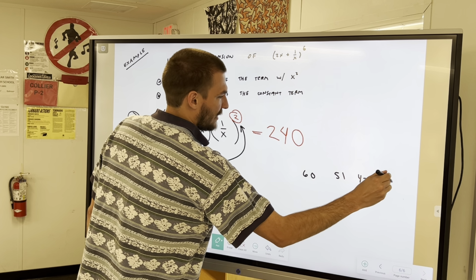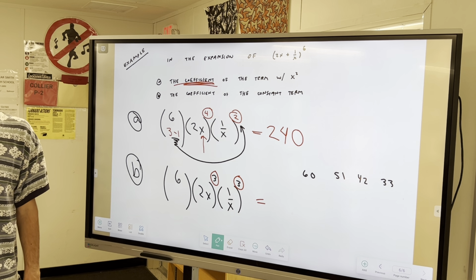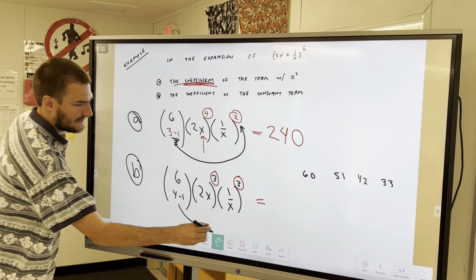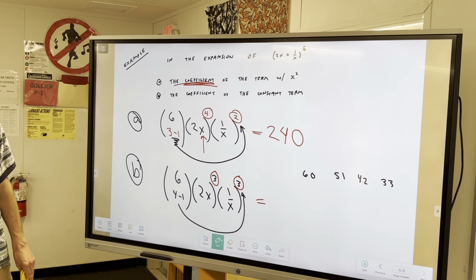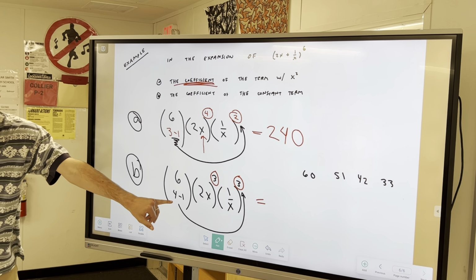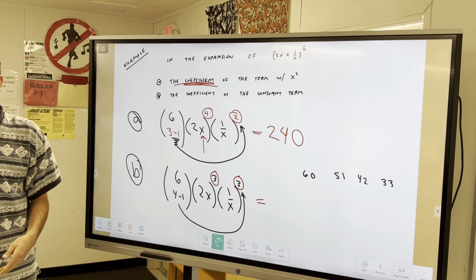We have the 3, 3. That means this is the 4th term, and we need 4 minus 1. And again, it's matching up with us over there. So if you're really confused about the choose number at the bottom here, it is the B term.